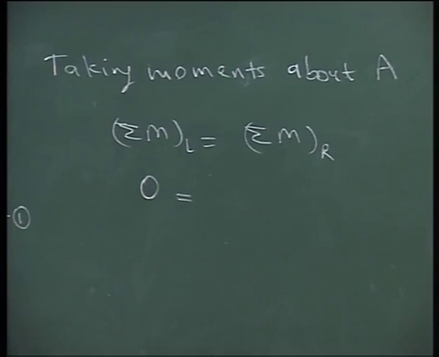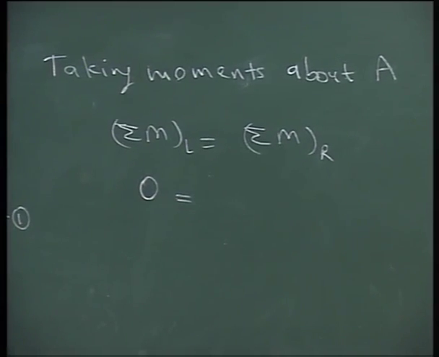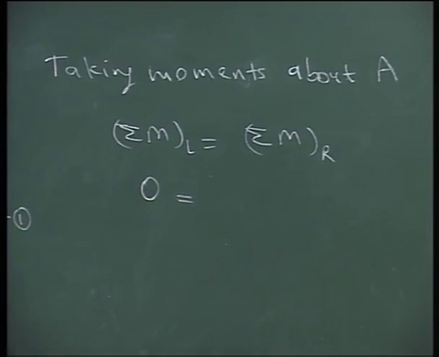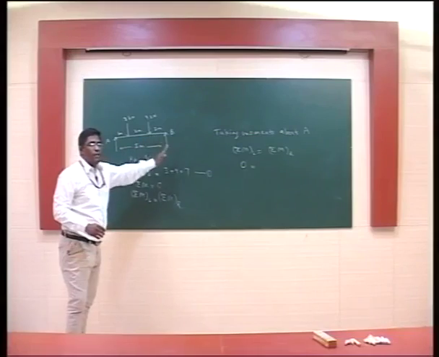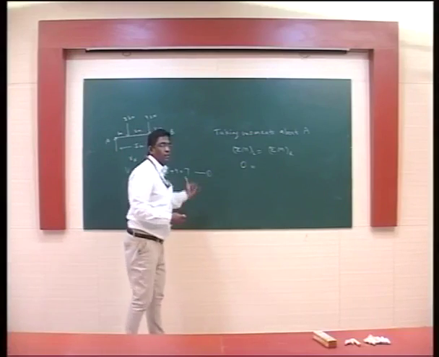But on the right side we have 4 forces: VA himself, 3, 4 and VB. So we will start with VA first of all.